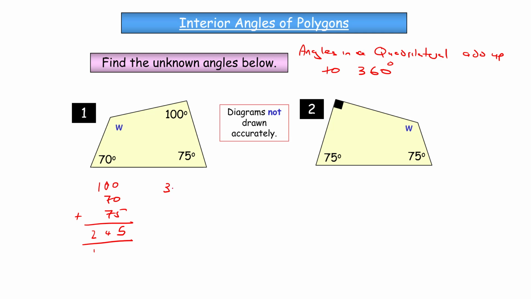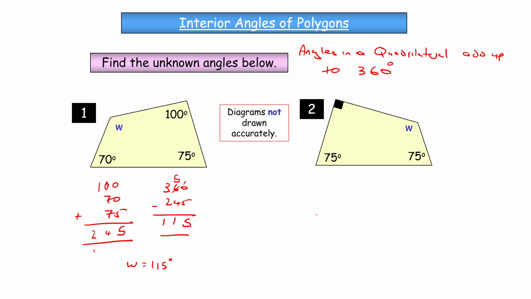So now I take it away from 360, so 245 take away from 360, got to borrow from the 6, it goes down to 5, whoops. And I've got 10 take away 5 is 5, 5 take away 4 is 1, 3 take away 2 is 1. So W is equal to 115 degrees.